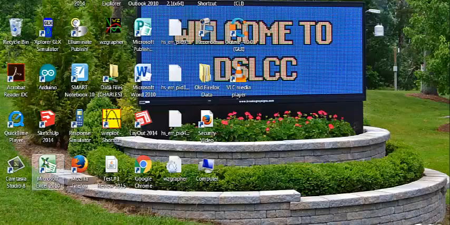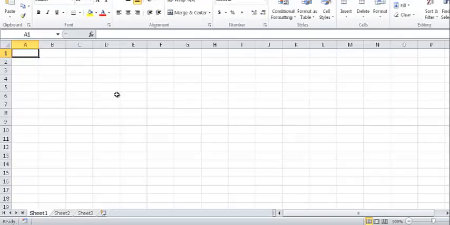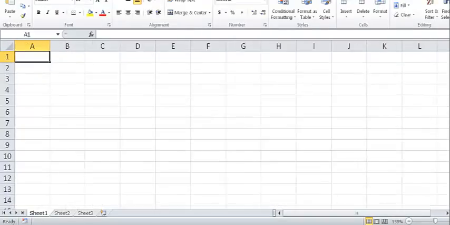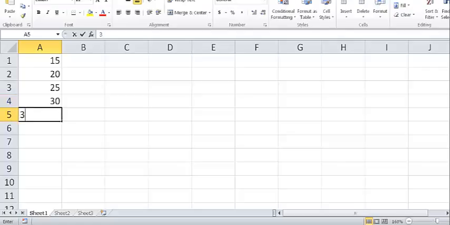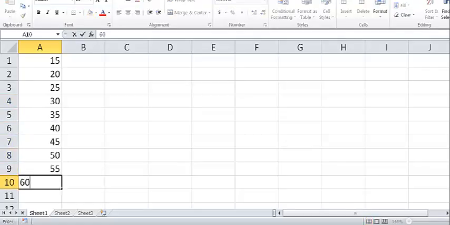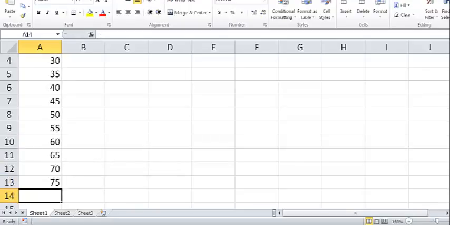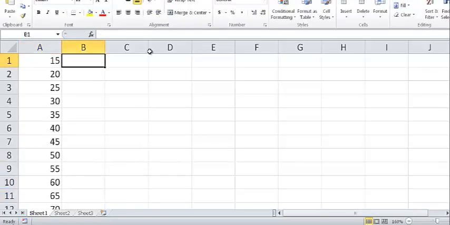So let's open up Excel. Okay, so what we're going to have is the x-axis here, 15, 20, 25. I'll just type them in now. Okay, so those are my miles per hour. And then I have my mileage.